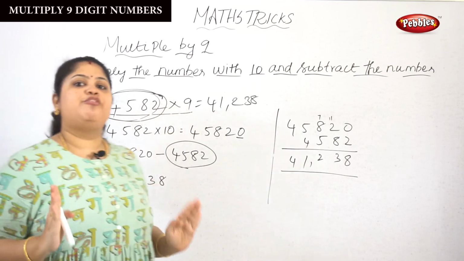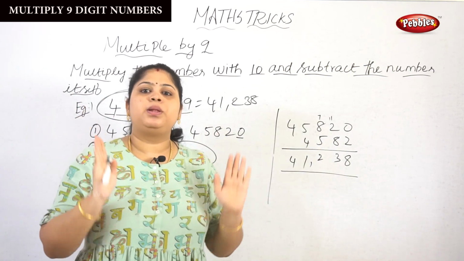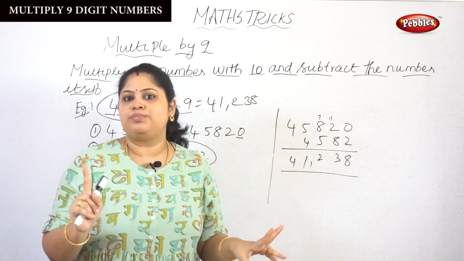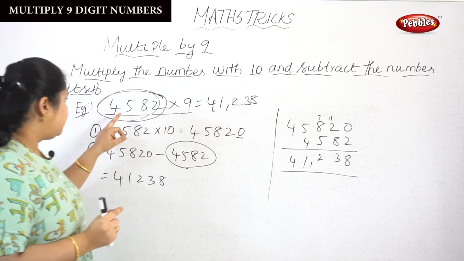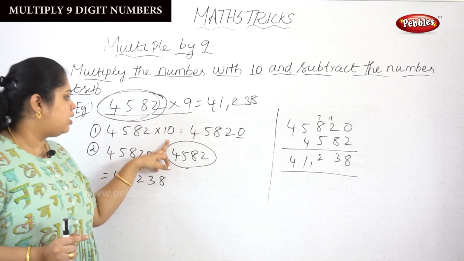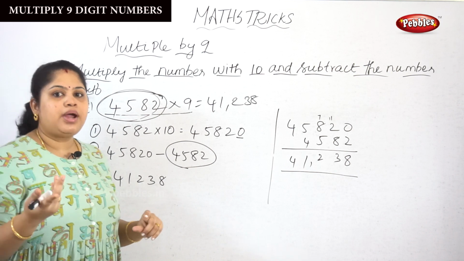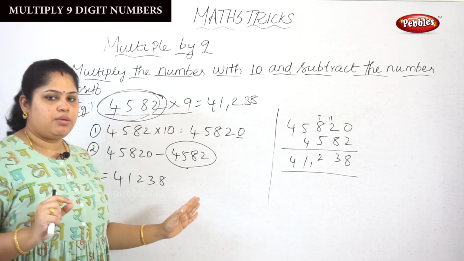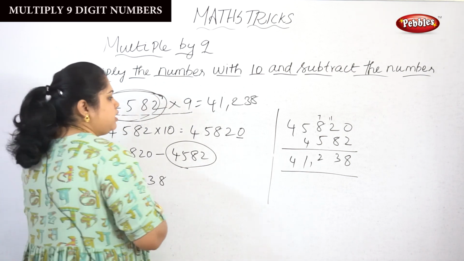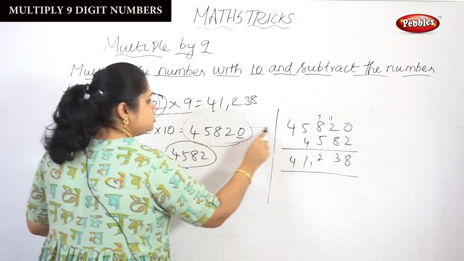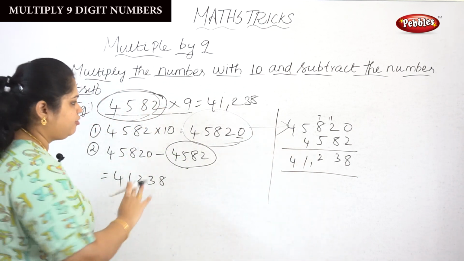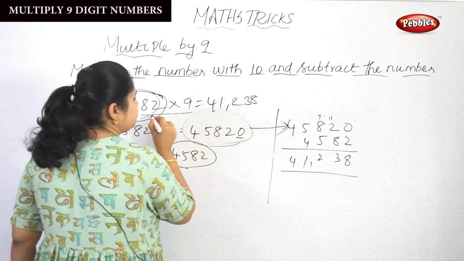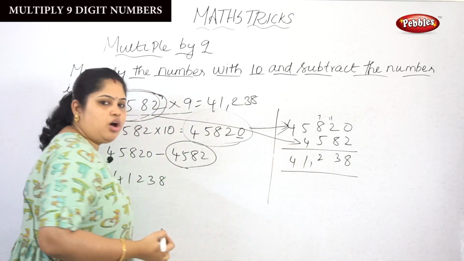Any number that should be multiplied by 9 needs only two simple steps. First step, the given number should be multiplied by 10. Multiplying by 10 is very easy: we add only a 0 to the end of the given number. After multiplying we get this number. Then this is the actual question number.